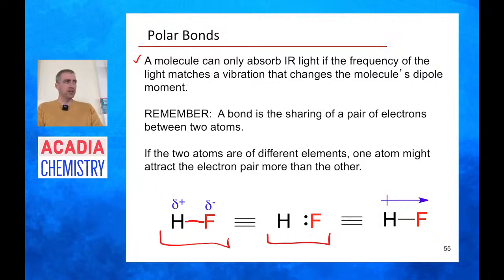What often happens if you have two different atoms that are sharing a pair of electrons, very often one of them has a much higher attraction for the electron pair than the other one does. In other words, they're kind of unequal partners. And the visual I often like to give here is you can imagine there's two people lying next to each other in a bed, and you cover them in a blanket.